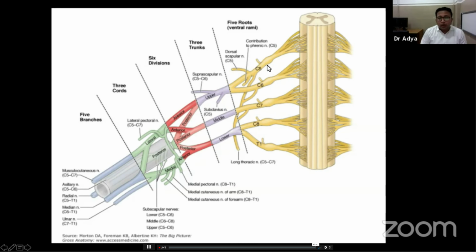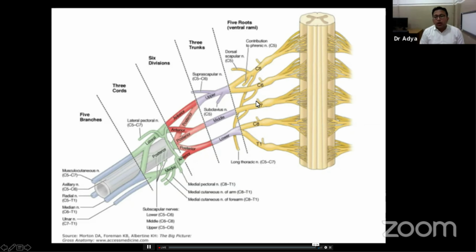Now, there is a difference. This is the roots of the brachial plexus. Those were the roots of the spinal nerves. So, injury or avulsion of the roots of the spinal nerves is a preganglionic injury, but injury to the roots of the brachial plexus, like these C5, C6, 7, 8, and T1 nerve roots, are in fact postganglionic nerve injuries.